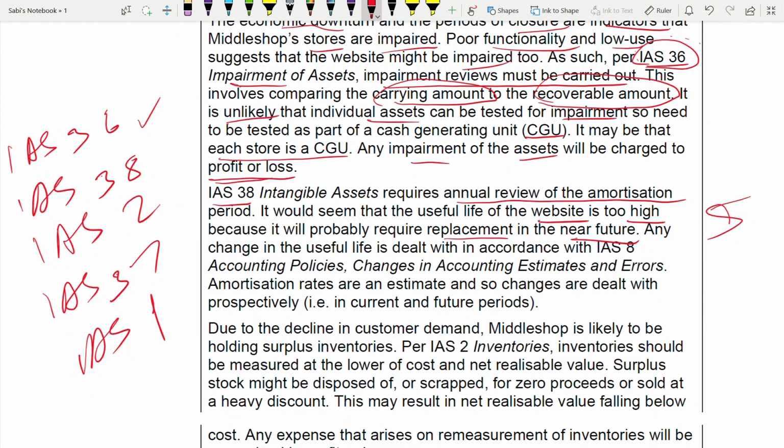So that means this 5 years needs to be changed because of this natural disaster, this pandemic. Whenever some pandemic hits, what happens? Your useful life becomes shorter. Because now you need to replace it more. Because of the natural disaster, it might have got worn out or become obsolete or whatever it is. So in this case, this needs to be changed.